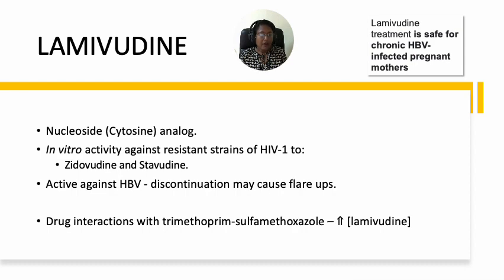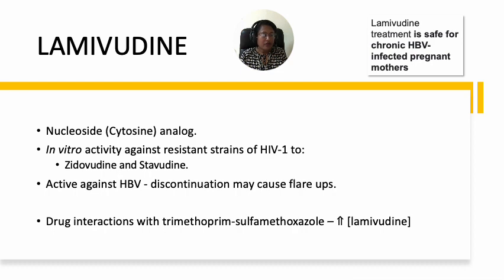For patients who have resistant strains of HIV-1 to zidovudine and stavudine, lamivudine may be a suitable substitute. It is also active against hepatitis B virus, so weaning a patient off this agent should be done carefully to avoid HBV flare-ups.